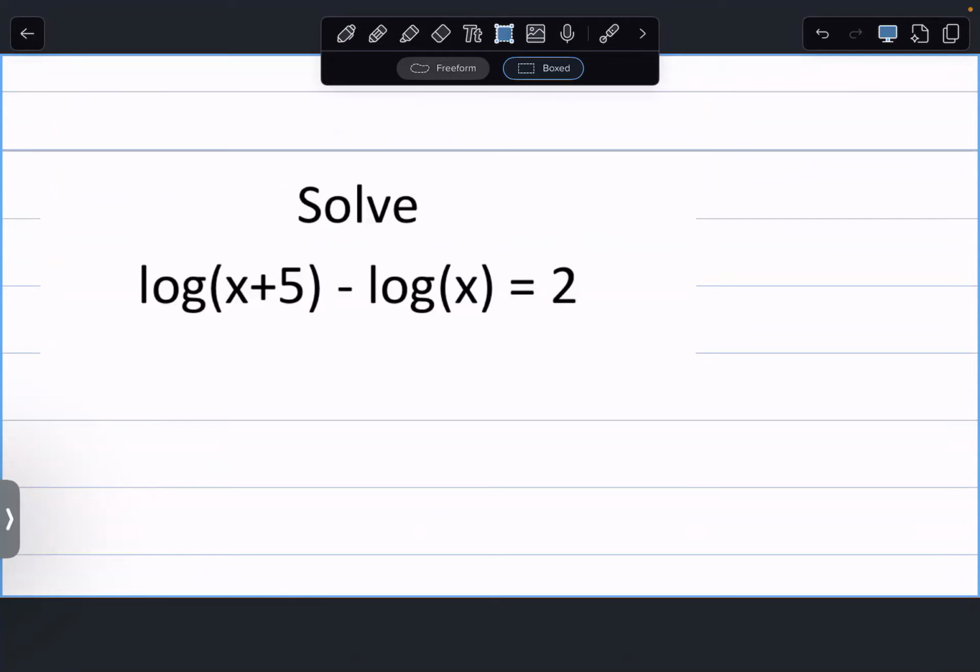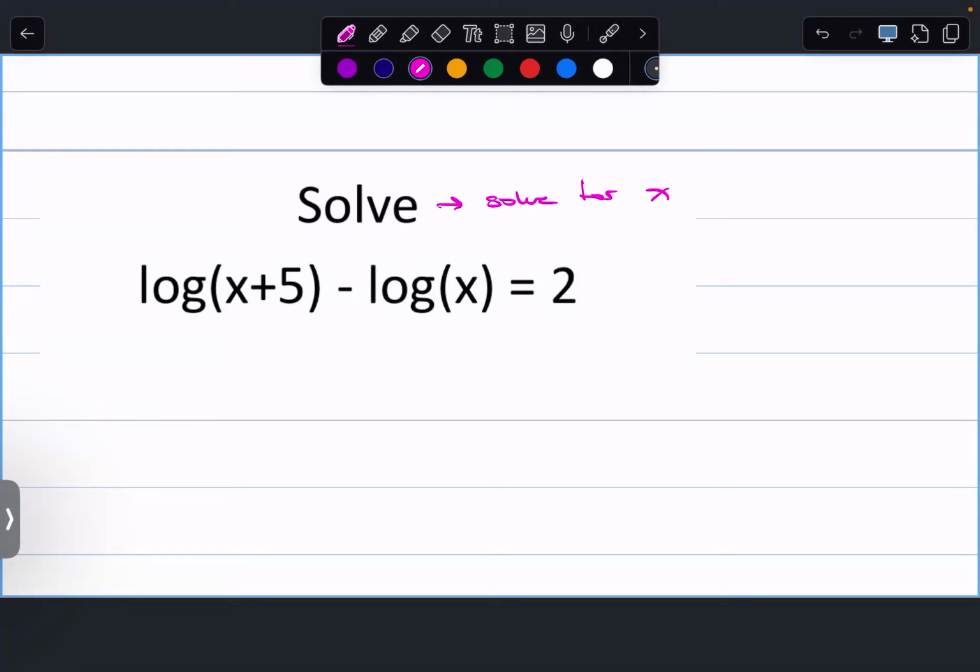So now we're ready to tackle something like this. So I want to solve for x. Solve for x is implied. Okay. Nothing to it but to do it.